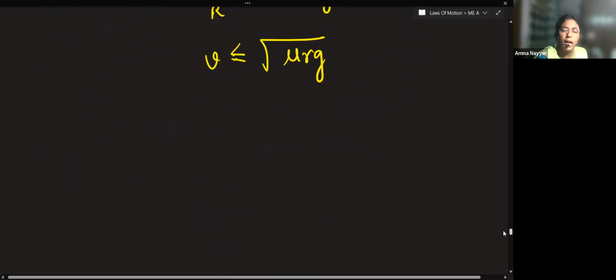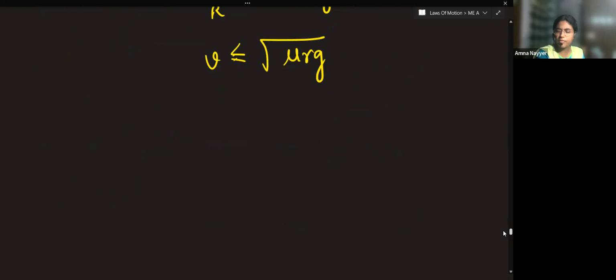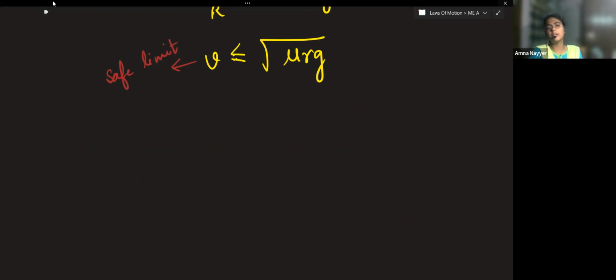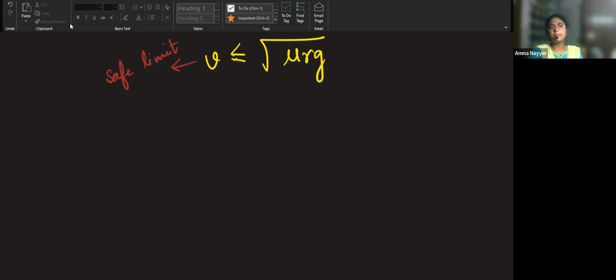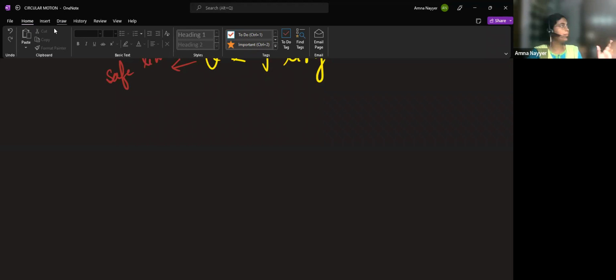Now we have to keep the velocity less than this, as it's the safe limit. It should not be more than this, just equal to this. This is known as the safe limit. For example, let's say this term comes out to be 5 meter per second.